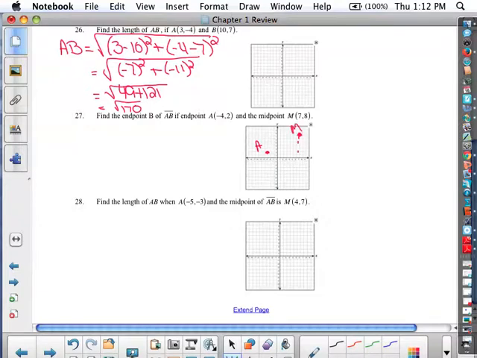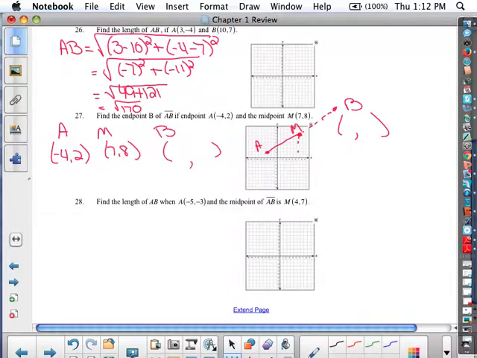So this is the midpoint, and I need to find the point B. I want the coordinates of that point B when looking at the segment AB. The easiest way, I think, to look at this is to say my point A is at -4, 2. My point M is at 7, 8. And my point B is what I'm looking for.